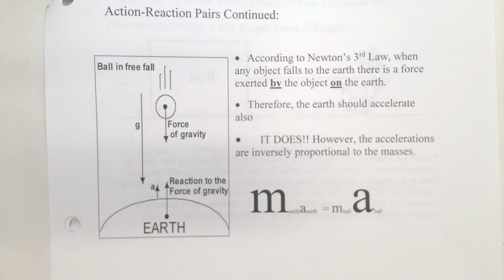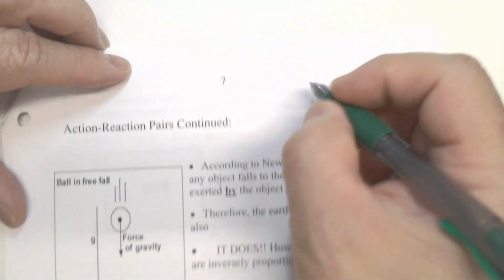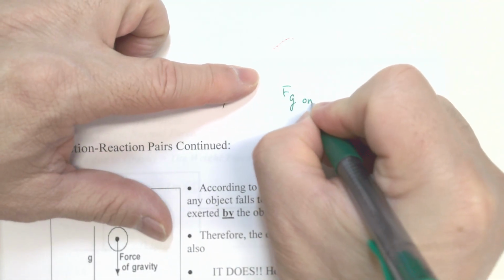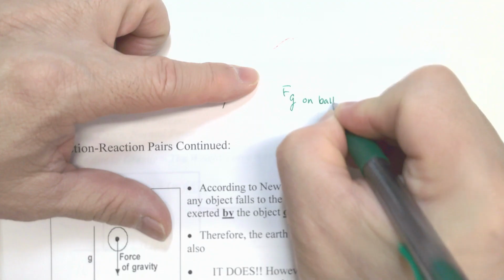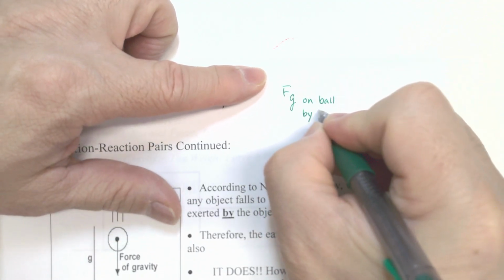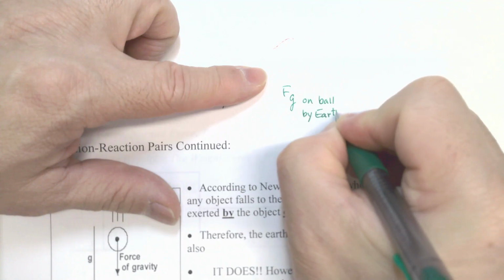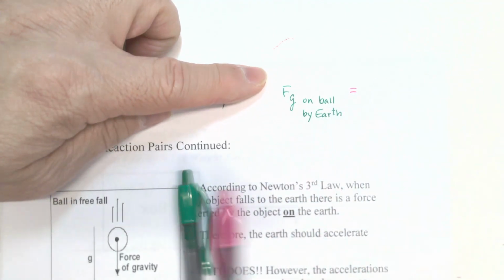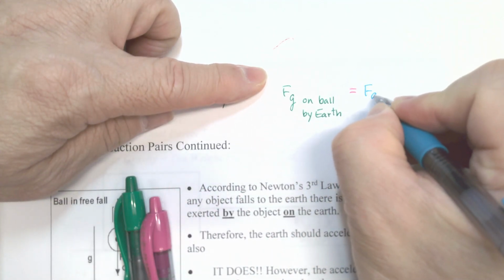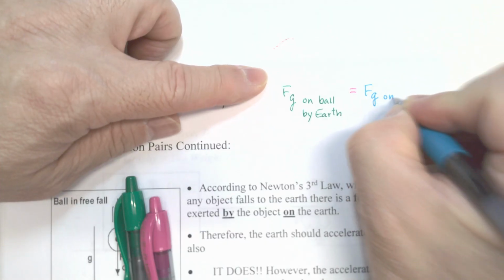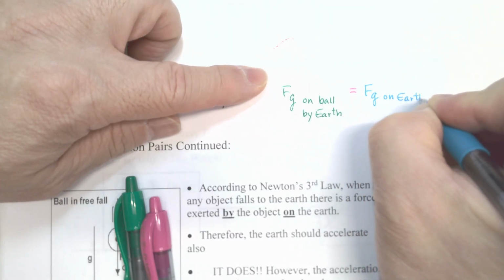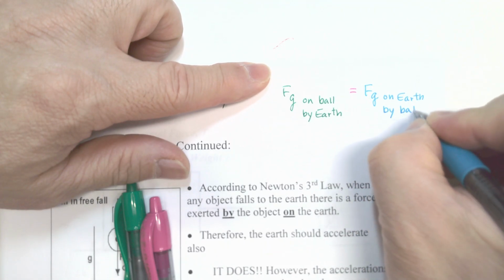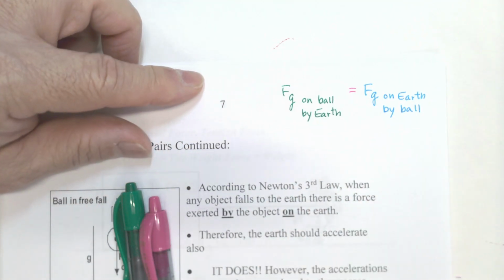So here we go. We said the force of gravity on the ball, let's say, by Earth must equal the force of gravity on Earth by the ball. They have to equal each other.